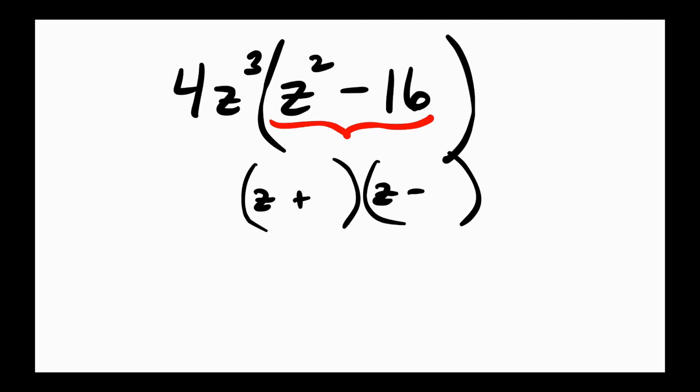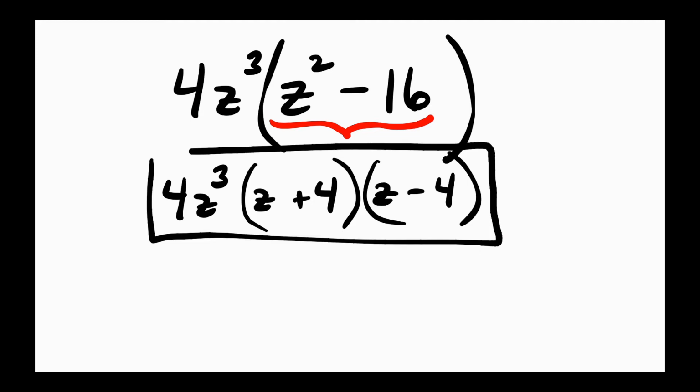What is that plus and minus going to be? 4. Yeah, because 4 times 4 makes 16. Good. Done. That goes in my answer box. Okay.